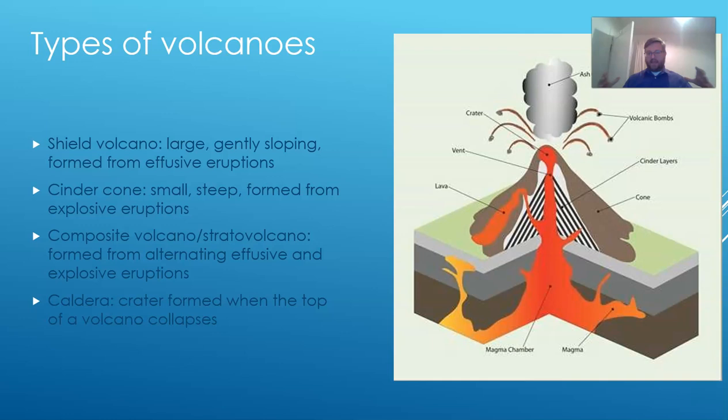So when you see a crater formation on the Earth, sometimes it might be a crater from like a meteor strike, which would be a totally different kind of landform. But if it's created by volcanic activity, it's a caldera. It is the top of a volcano that has collapsed down into the empty magma chamber. And if that volcano were to become active again, if more magma were to accumulate, then you might actually get a crater with a smaller volcano forming inside of it.